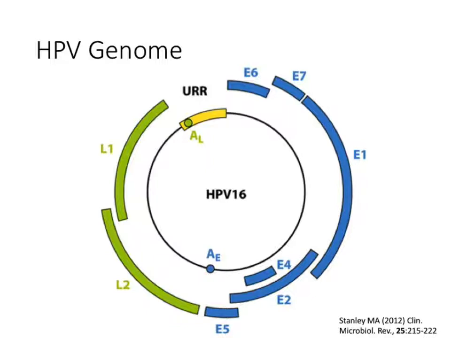Tail in particular. So A sub E would be the poly A signal for transcription from promoters for these early genes, and then A sub L is for a second transcript that would also produce these late genes. Okay. Anybody see a problem with this?